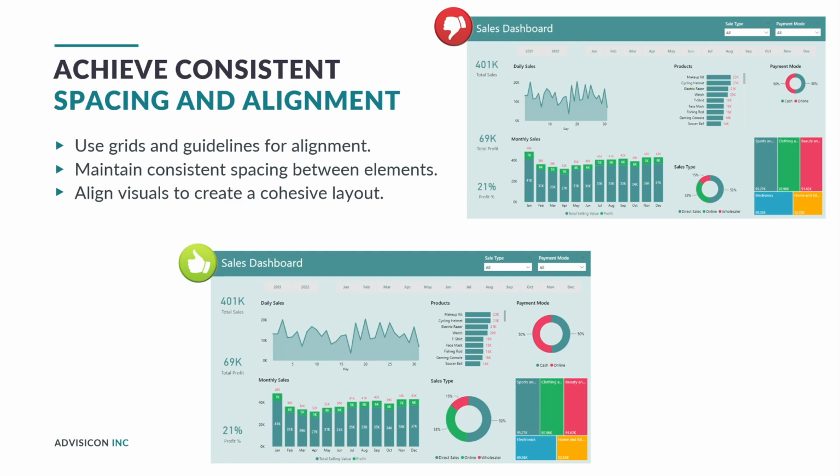For example, you can align the top edges of all your charts or center align your charts. This alignment makes it easier for viewers to navigate the dashboard and understand the relationships between different pieces of data. By implementing these alignment and spacing practices, you will enhance the readability and professionalism of your dashboard, making it more effective for your users.